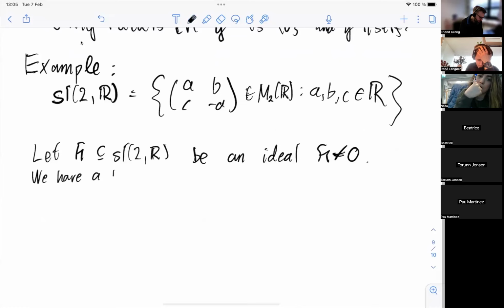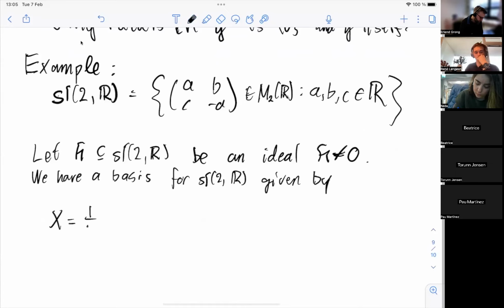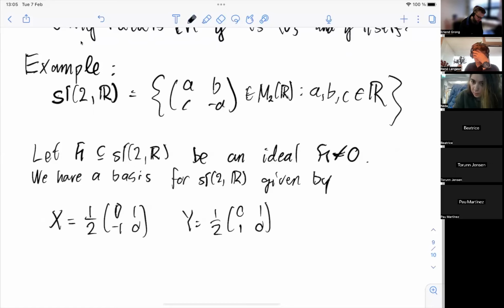We have a basis for SL2(R) given by X equal to 1/2 (0, minus 1; 1, 0), Y equal to 1/2 (0, 1; 1, 0), and then finally Z equal to 1/2 (1, 0; 0, minus 1).